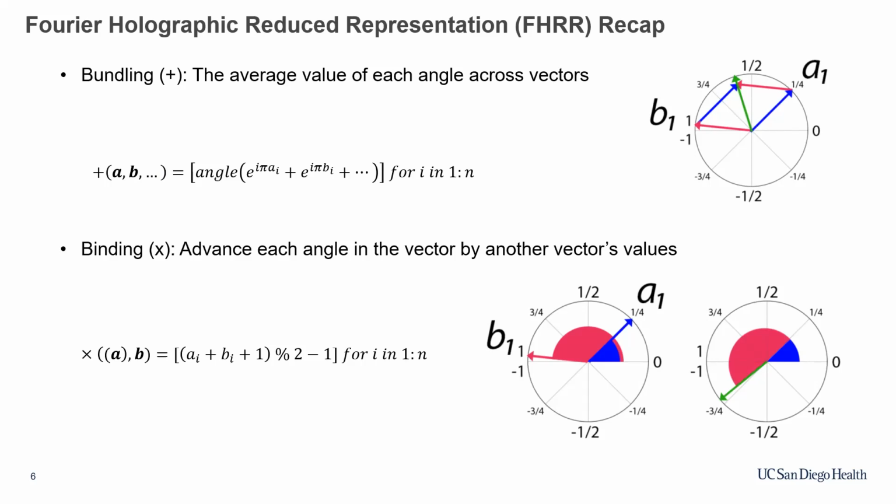So here, we have this input vector here with one of its angles in blue, and we have the amount we'd like to shift it by in the second vector. And so you just add that angle and it becomes a new angle on the domain. So all of these operations in the FHRR are very nice and quick, and we can implement them in any number of programming languages efficiently.